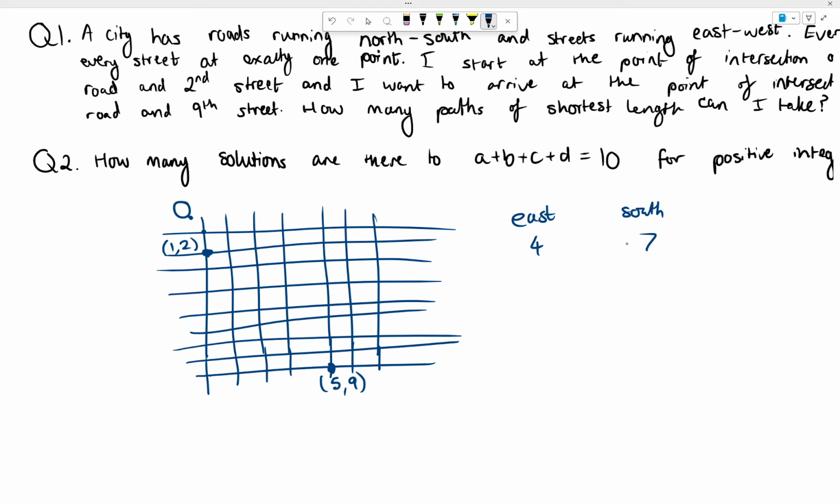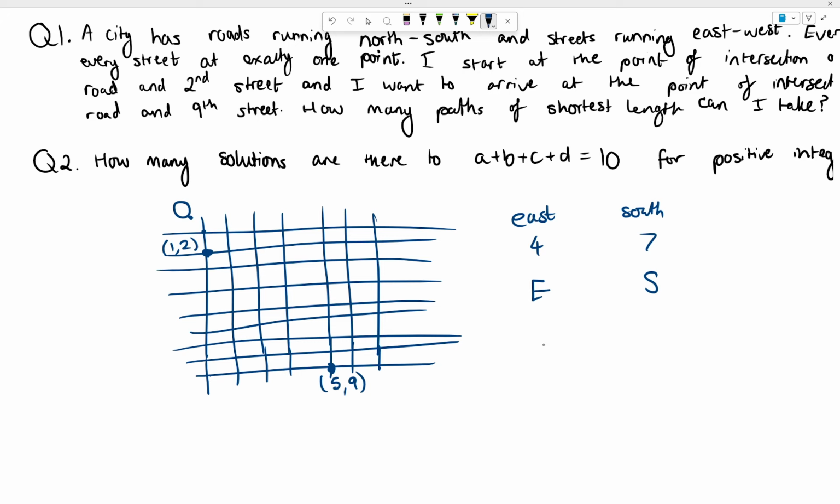So we've kind of converted the problem from thinking about finding paths from one point to another to now choosing east 4 times and south 7 times. So I'm going to encode the move east as E and the move south as S. So what we're actually doing to find the path between our start and end points is we're trying to find a sequence of E's and S's containing 4 E's and 7 S's.